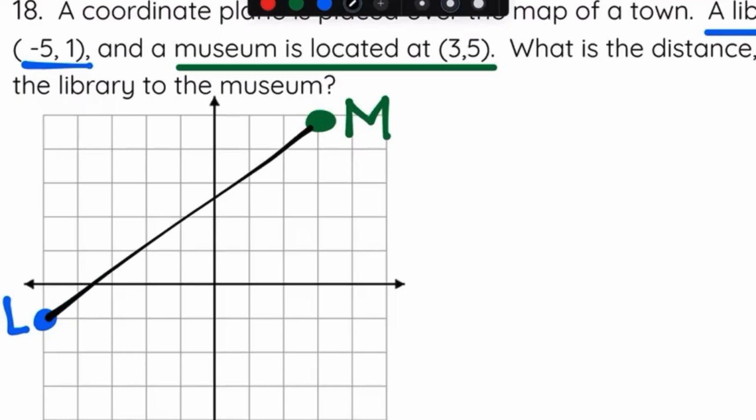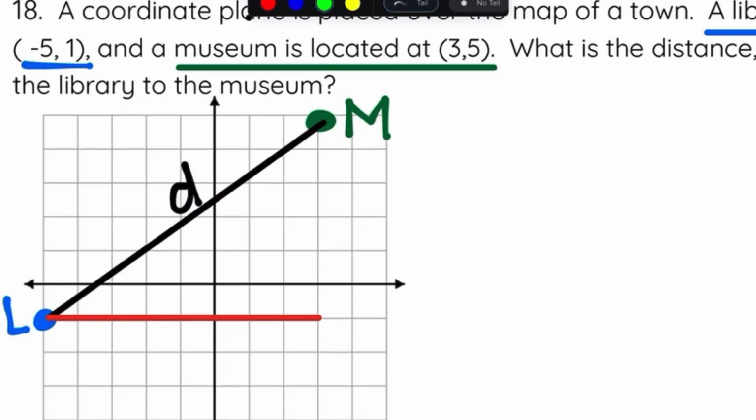So I'm looking for that diagonal distance, just like before, going straight across. And I'm going to count 1, 2, 3, 4, 5, 6, 7, 8. And I'm going to go straight up and down. Put my right angle. 1, 2, 3, 4, 5, 6.